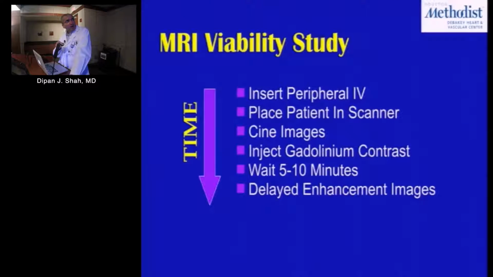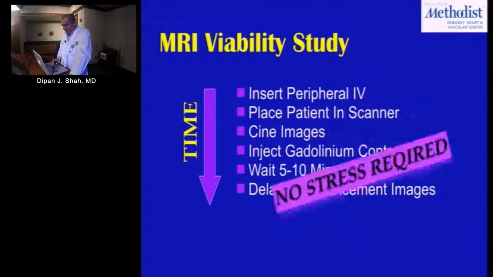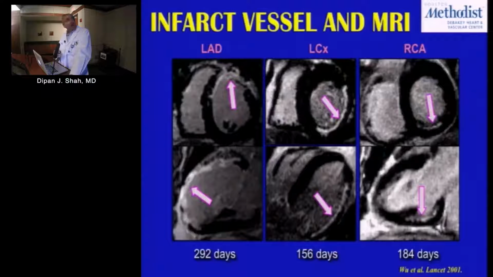We then are going to inject gadolinium contrast, wait about 5 to 10 minutes, and then perform this delayed enhancement CMR technique, which actually then allows us to image, again, the areas of viable myocardium, which with this technique will appear black, and areas of irreversibly injured myocardium, which will appear bright.